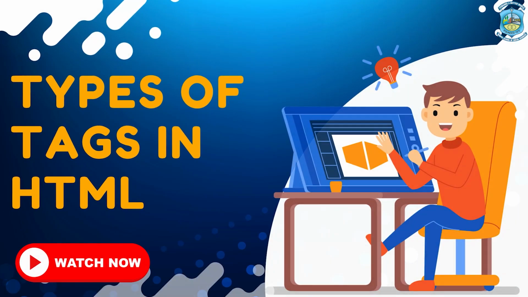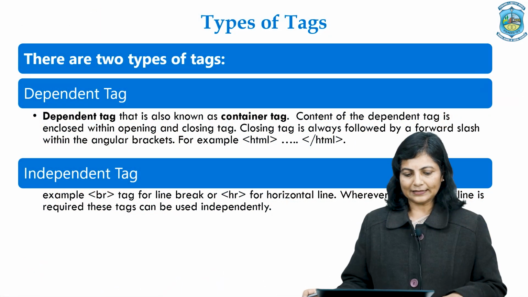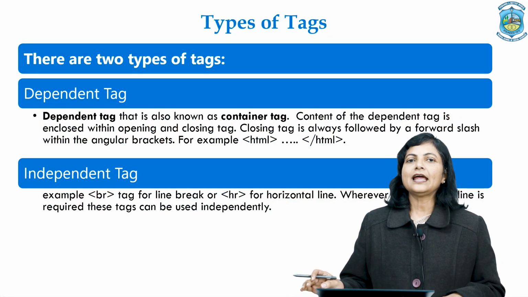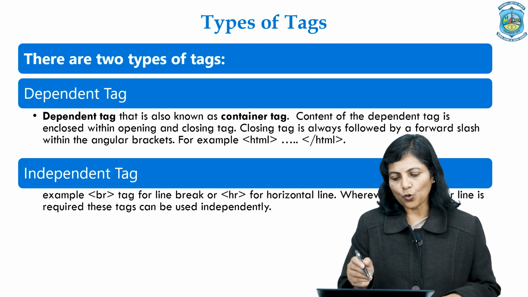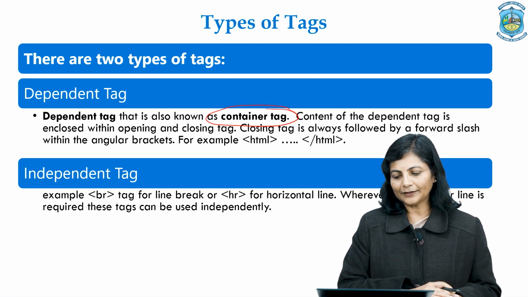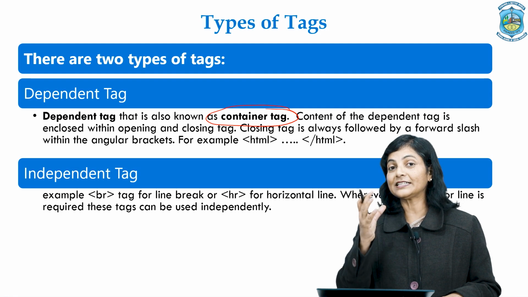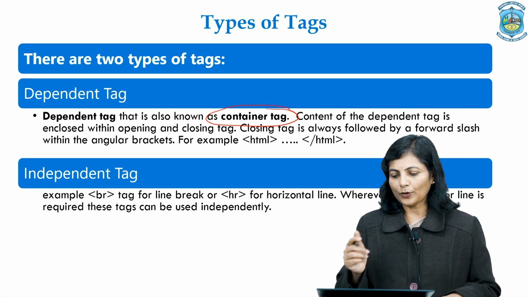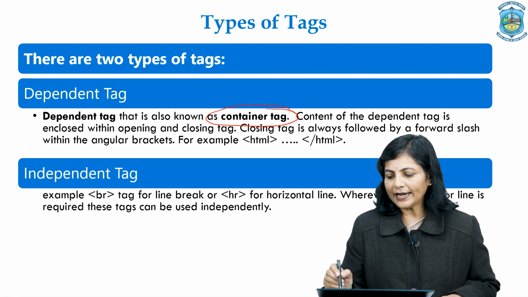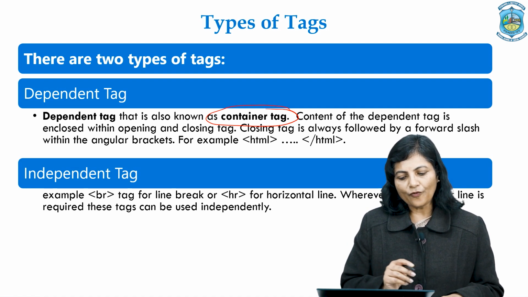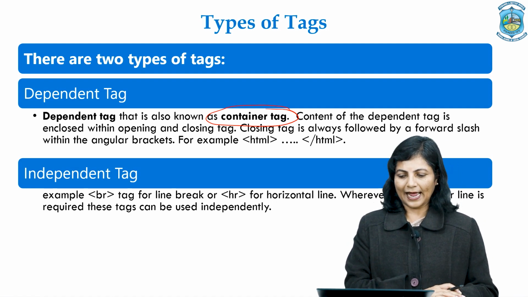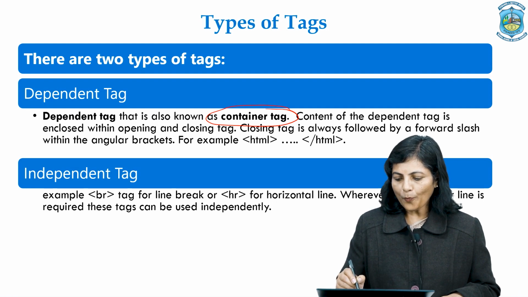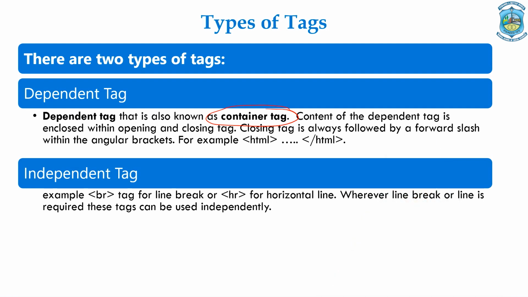Now, there are two types of tags, dependent tag and independent tag. Dependent tags are also known as container tags, that means they contain something. The content of the dependent tag is enclosed within an opening and a closing tag. The opening tag will be enclosed within angular brackets, like HTML.